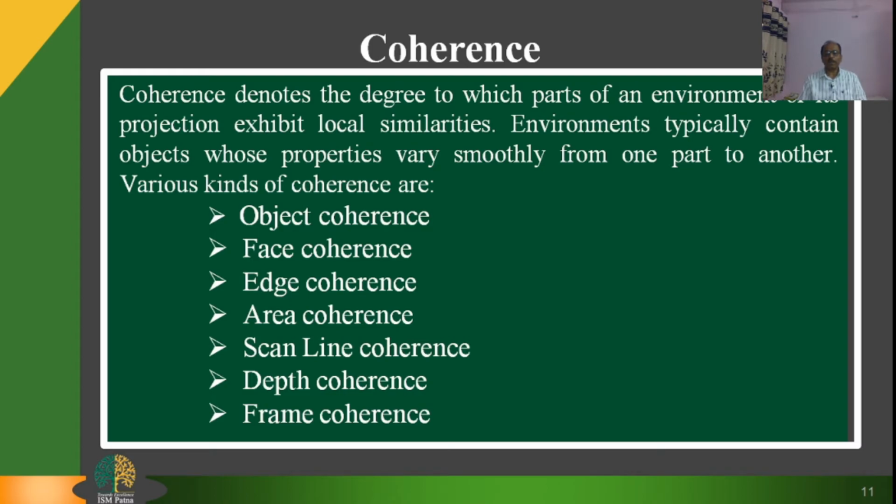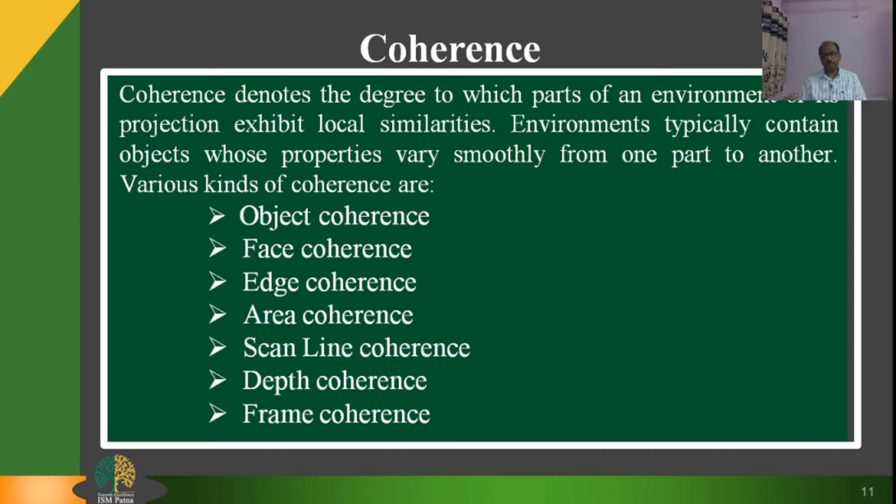Various kinds of coherence have been identified, such as object coherence. This is a coherence in which one object is entirely separate from another. Comparison may need to be done only between the objects and not between their component faces or edges.